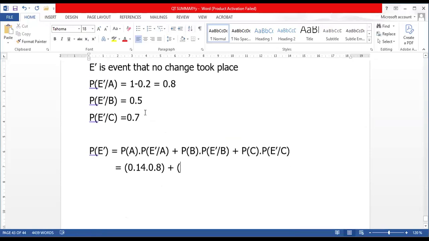The probability of B is 0.29, times 0.5.